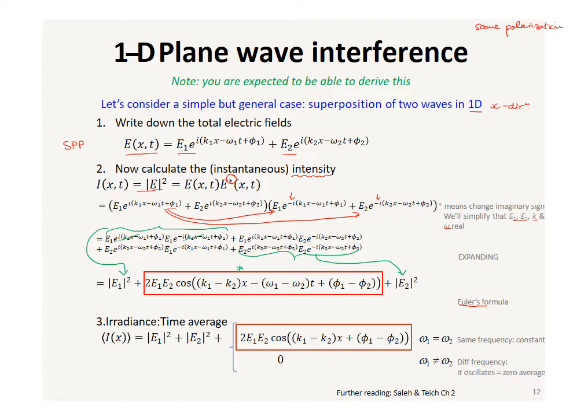So now let's take the time average, the thing that we are going to see. If we assume that these waves have exactly the same frequency, then this term here is going to go to 0.